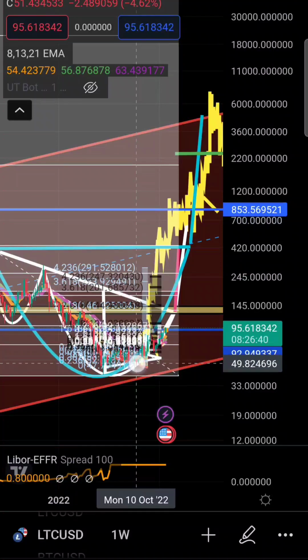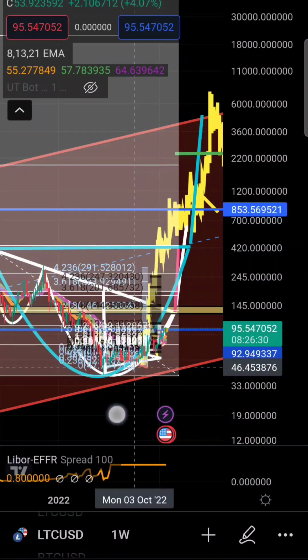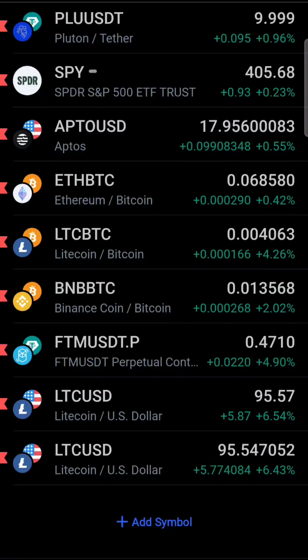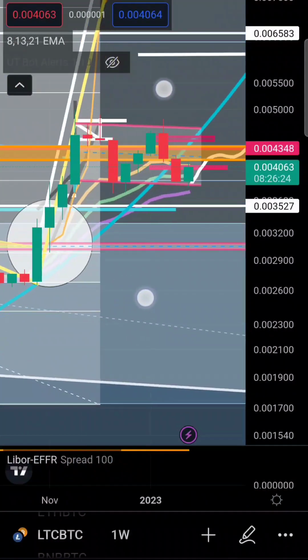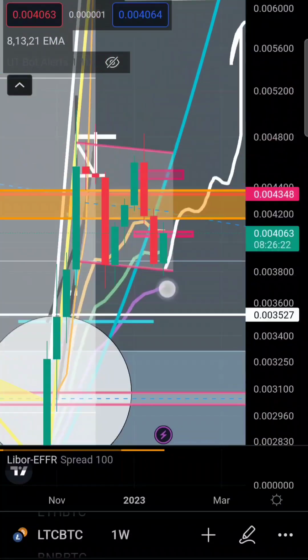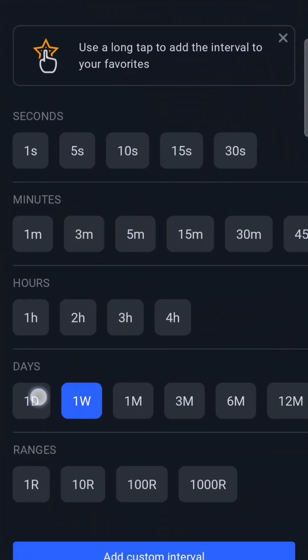And in terms of Bitcoin, we've been pretty much getting bigger gains than Litecoin. If you look at the LTC BTC chart, you'll see that that's also looking good as well. I have everything mapped out.